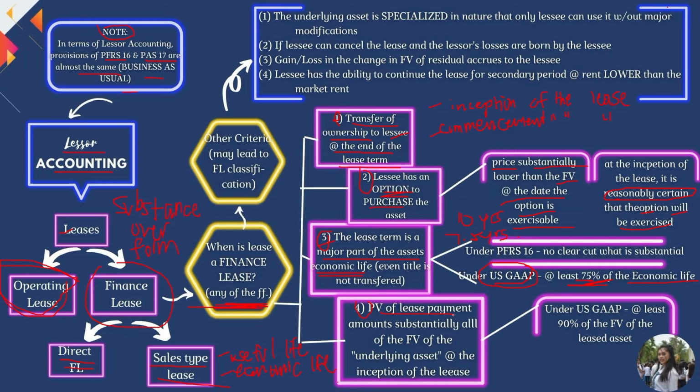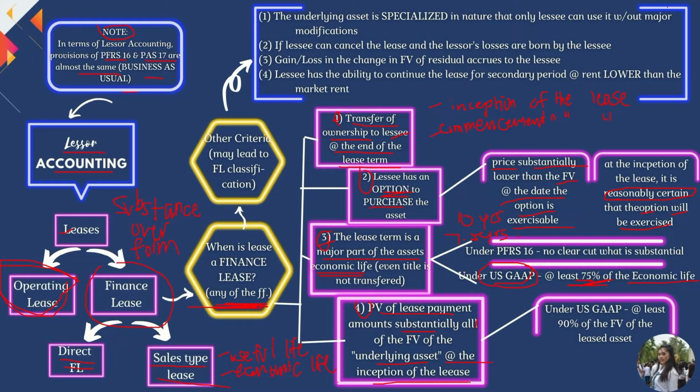Now, stated here nga present value daw sa lease payment amounts substantially on all of the fair value of the underlying asset at the inception of the lease. Again, inception ang igamit ha. Take note of that.